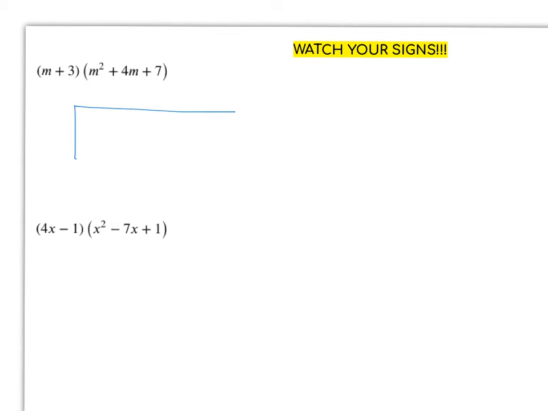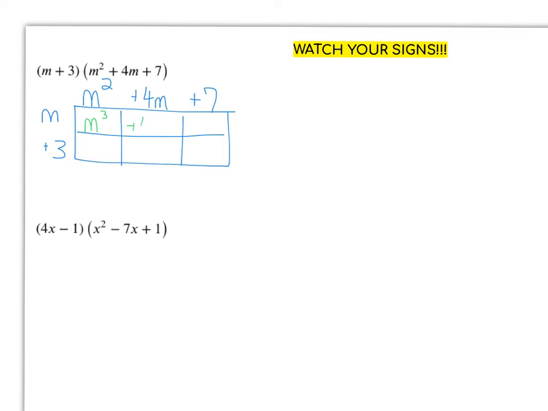So the first one, I'm going to use the box method. I've got m plus 3, and I'm multiplying by m squared plus 4m plus 7. So I multiply, m times m squared is m cubed, m times 4m is 4m squared, and m times 7 is 7m. 3 times m squared is 3m squared.